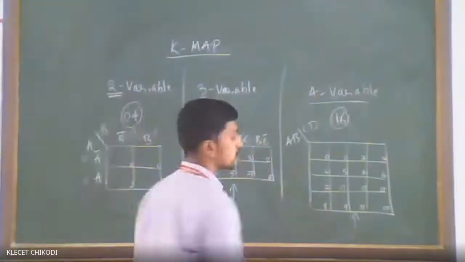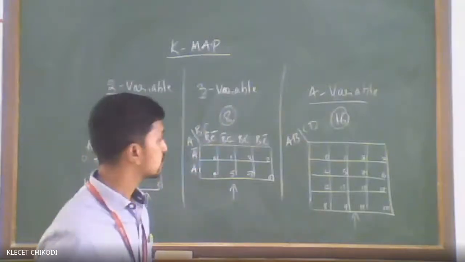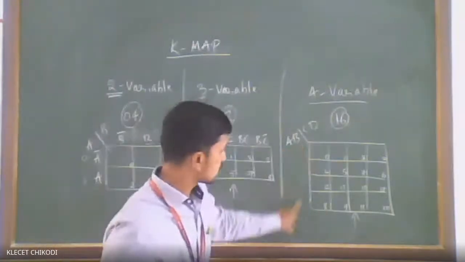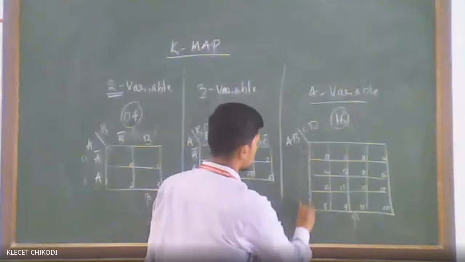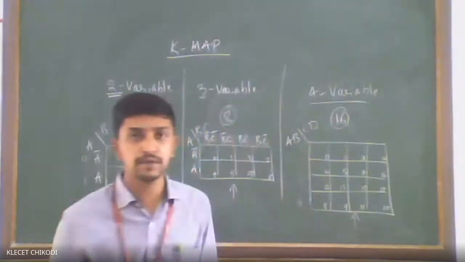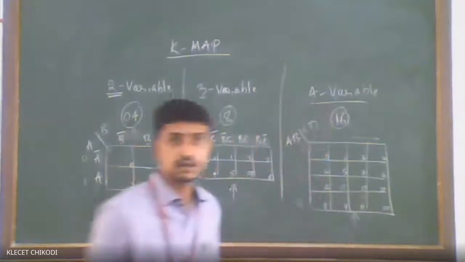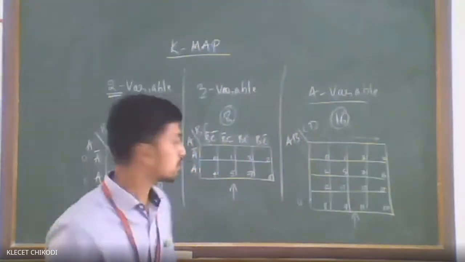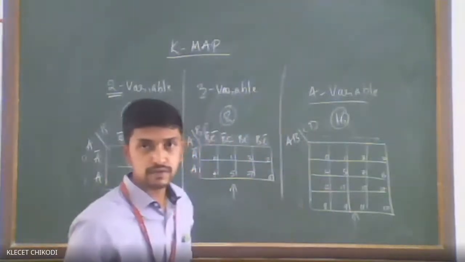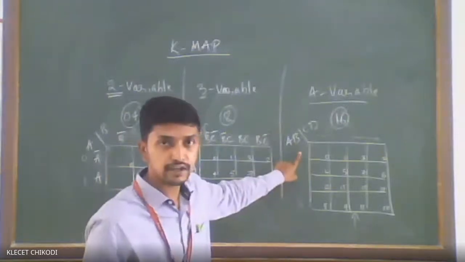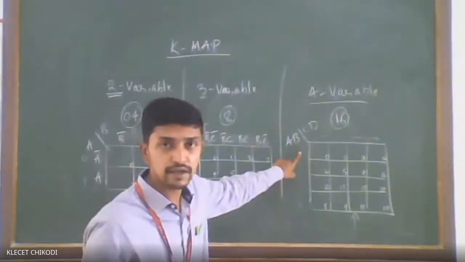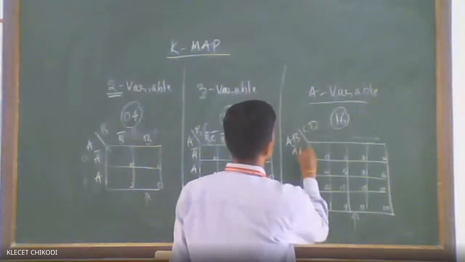Similarly, for 4 variable schema, this column here, I have to write it for the AB variable, and here I have to write it for the CD variable. Now let me know what I have to write here. The first cell corresponding to AB will be A bar B bar.